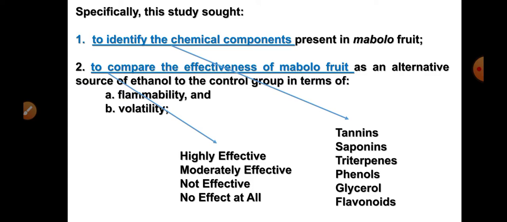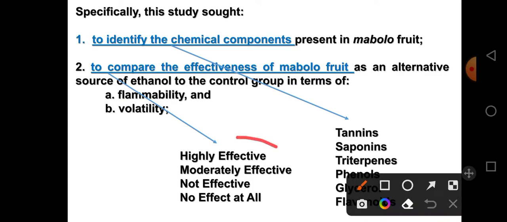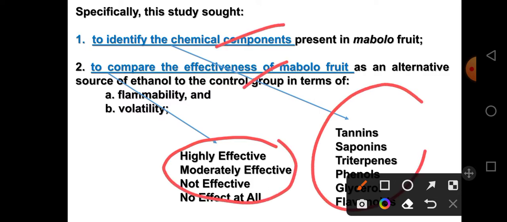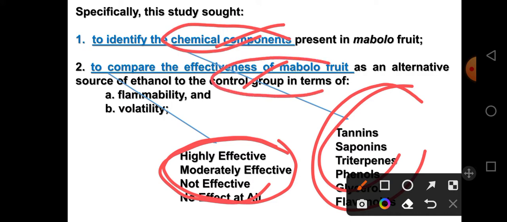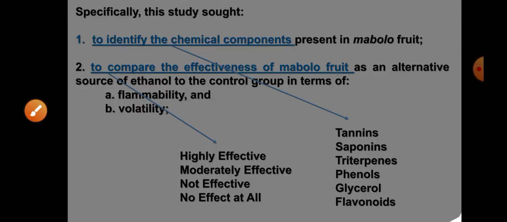So class, what can you say? Did we provide such responses to the specific variables? Did we describe such answers to these questions? So obviously class, we provided such answers for each specific variable so that we can describe the variables. So that is one of the characteristics of descriptive research questions.